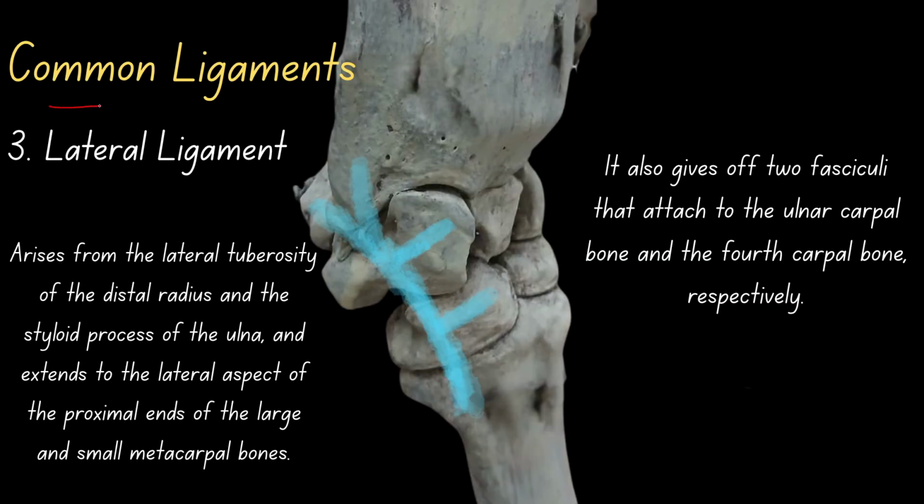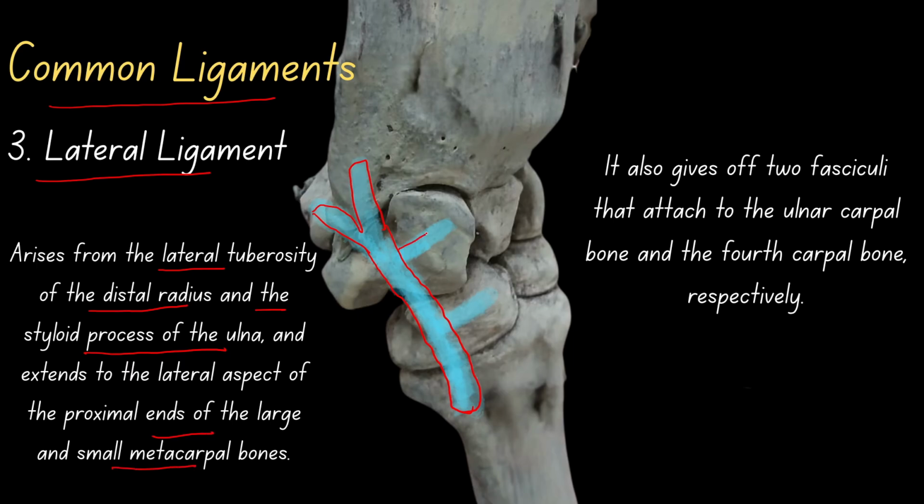Then, under the common ligament category, the third is the lateral ligament. It arises from the lateral tuberosity of the distal radius and the styloid process of the ulna, and extends up to the proximal end of the large and small metacarpal bones.